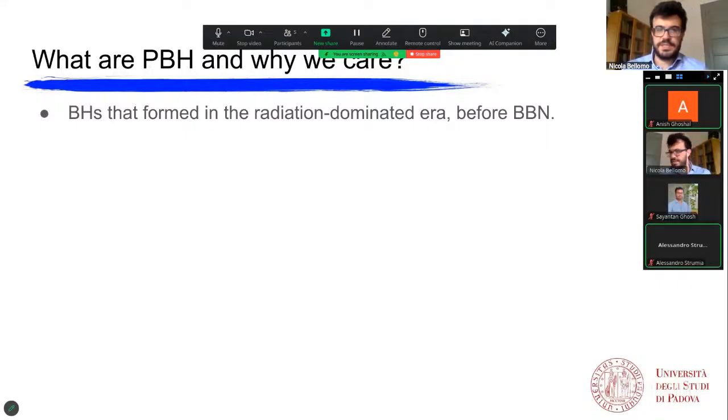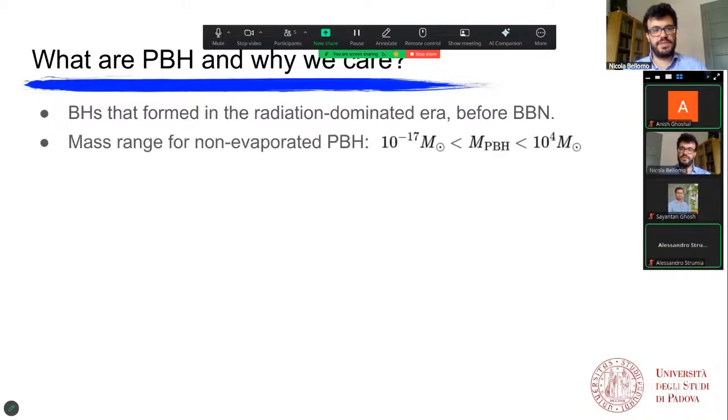So as I was commenting, you want a PBH as a dark matter candidate. I think everyone is up to speed, but let me briefly comment on what PBHs are. PBHs are black holes that are formed in the radiation-dominated era, at least before Big Bang nucleosynthesis, to avoid the disturbing observation that we have about that.